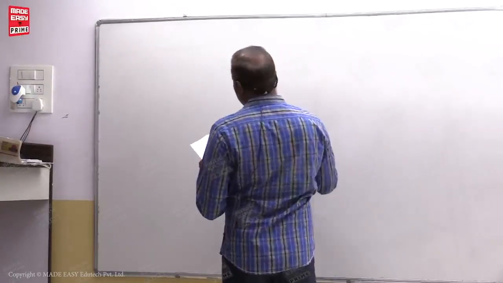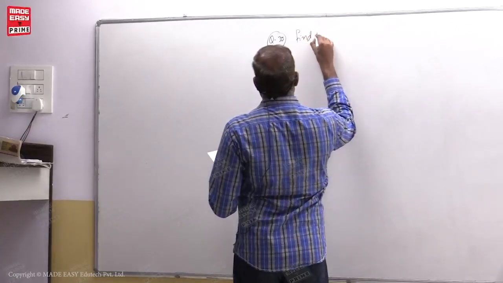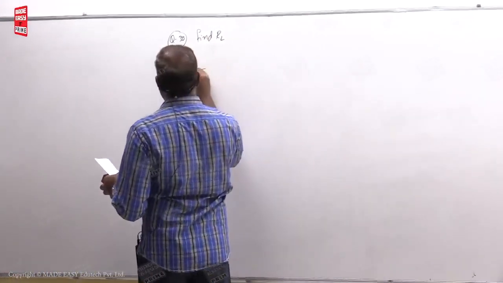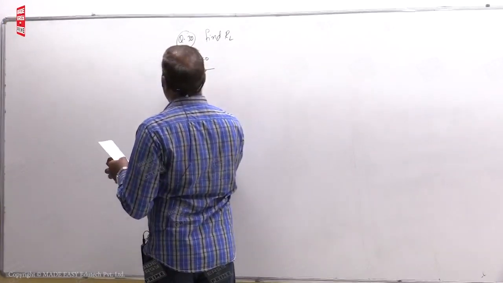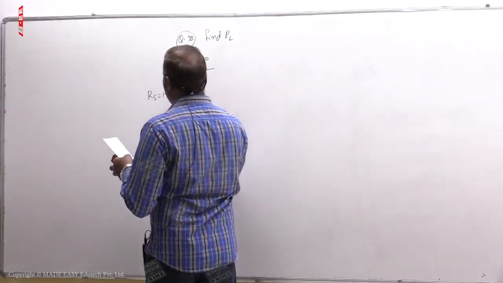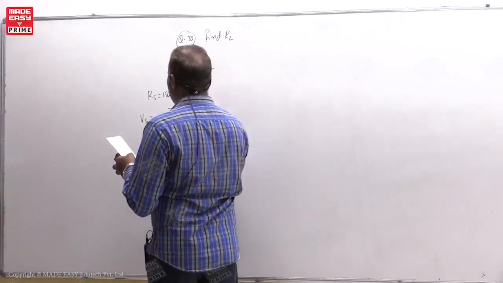So in this question number 30, they are asking you to find the load resistance. They have given this information: at t equal to 0, the switch is closed. Then RS is equal to 150 ohm, and the voltage is equal to 400 volt.